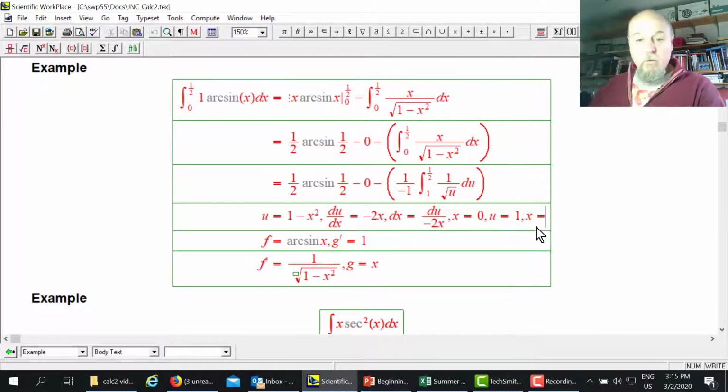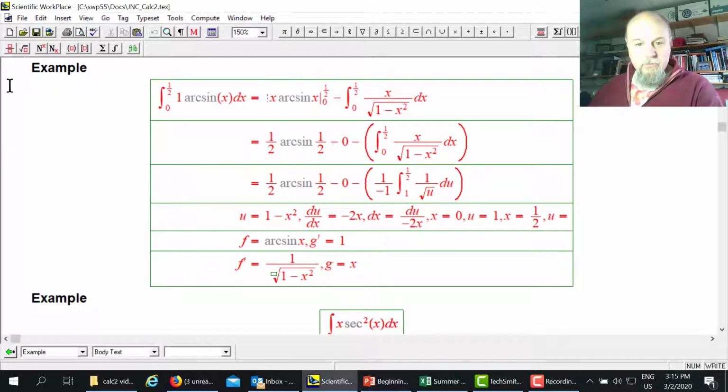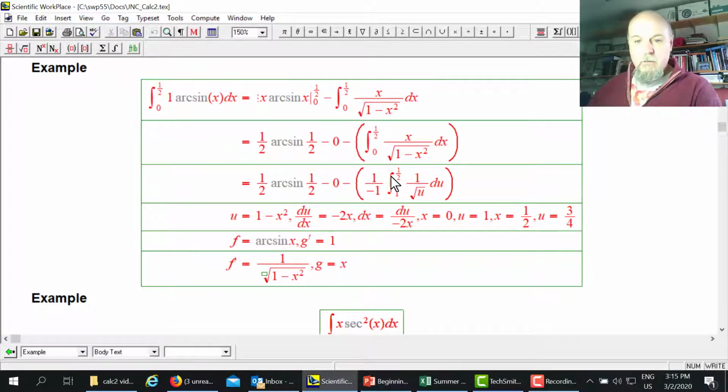When x is equal to a half, u is equal to, plug it in the formula here, a half squared is a quarter, 1 minus a quarter is 3/4. So I'm switching over everything to u's.